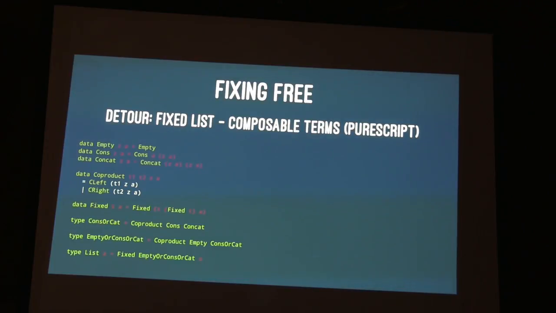I do that by expressing concat in terms of cons. And I recapture, even though these individual terms are now totally standalone, they're not part of a sum type, I combine them together using coproduct, and then I recapture the recursive nature of the list using a new fixed point type.